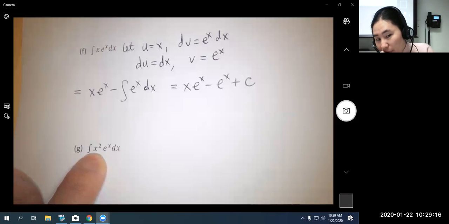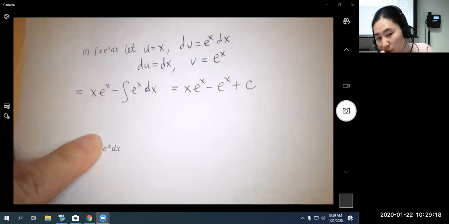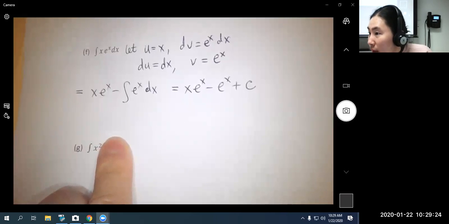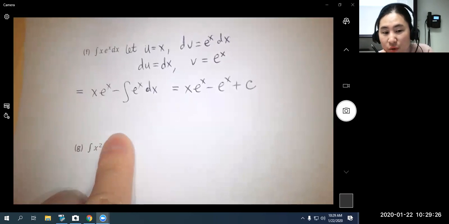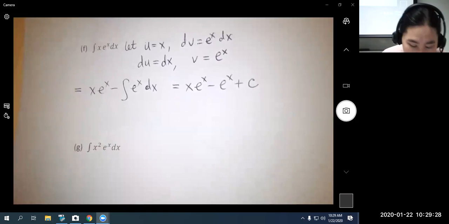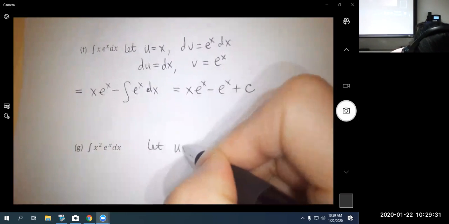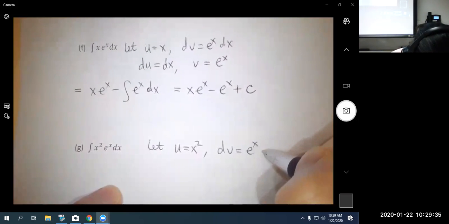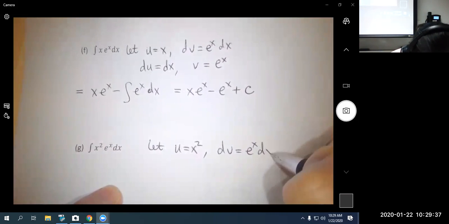If we let u be e to the x, differentiating doesn't make the derivative simpler. And we have to integrate x squared, which becomes more complicated. So we still use u equals what? x squared, right? And then dv equals what? e to the x dx.